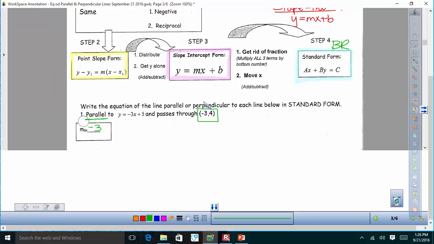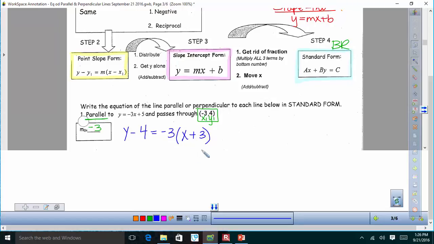So if this is my first set of points that I'm given, I'm going to label this x1, y1. Okay? Now, if I have a point and a slope, which one of these formulas am I going to plug into? Point slope formula. So we're going to do y minus, what is my y1? 4 equals m, which is my slope, negative 3, parentheses, x minus a negative 3, which y'all said is a plus 3.